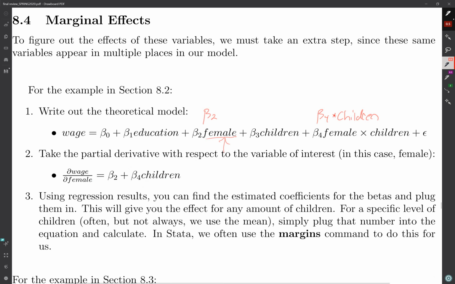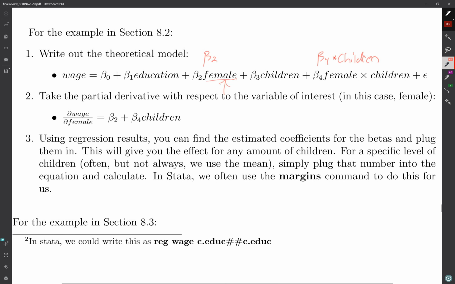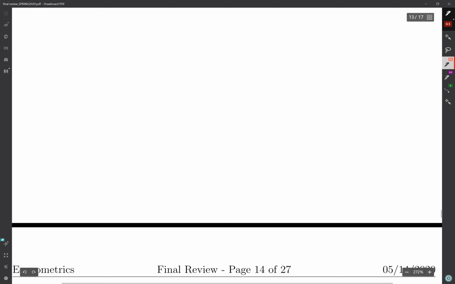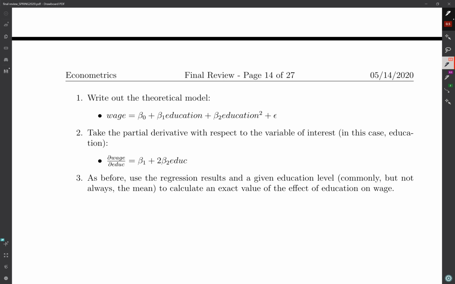So what we're saying is the effect of being female on wages varies based on the number of children that you have. Okay, right? And I talk a little bit about how to do that in Stata, but we're not going to worry about that for the exam because we're not going to use Stata for the exam.